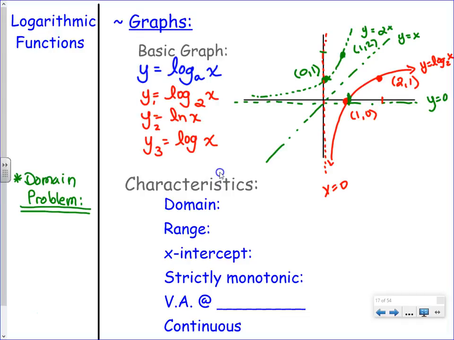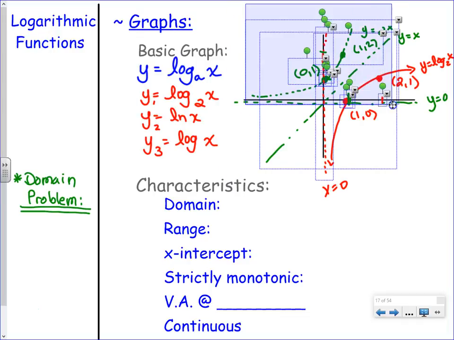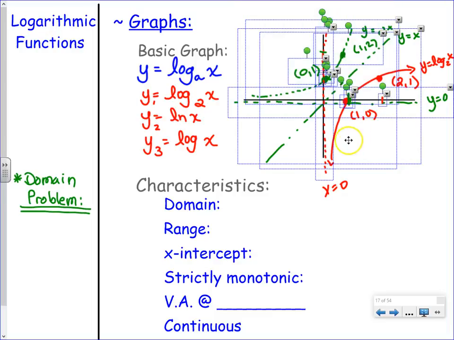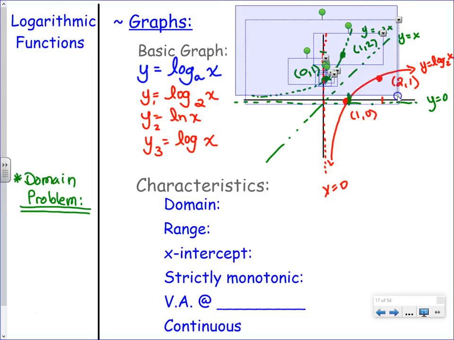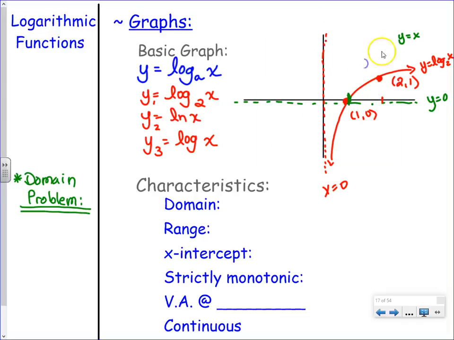So now my next question is, what changed as soon as the base was no longer 2? Because you guys graphed a few logarithms, right?